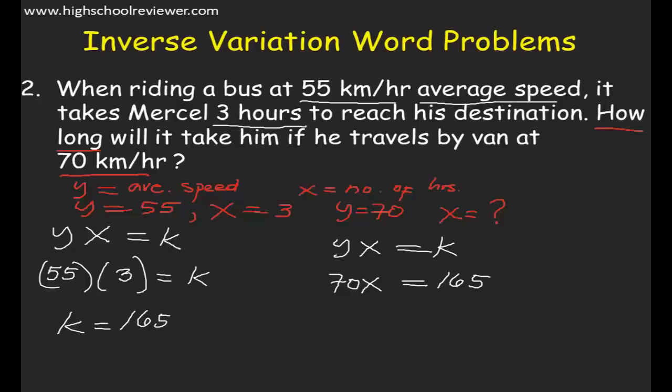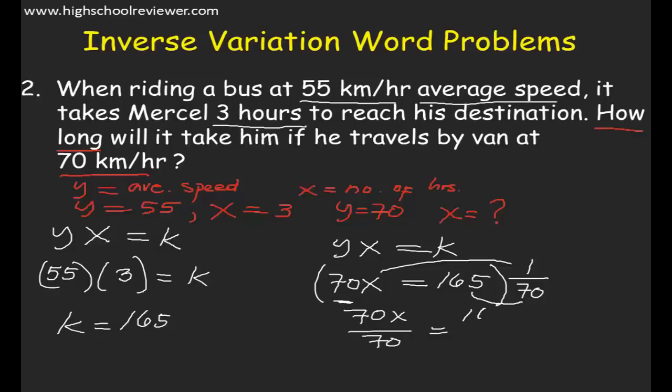So to find X, we have to cancel out 70. So to cancel out 70, divide both sides of the equation by 70. So 70X times 1 over 70, that will be 70X all over 70. And we have 165 times 1 over 70, that will be 165 divided by 70.